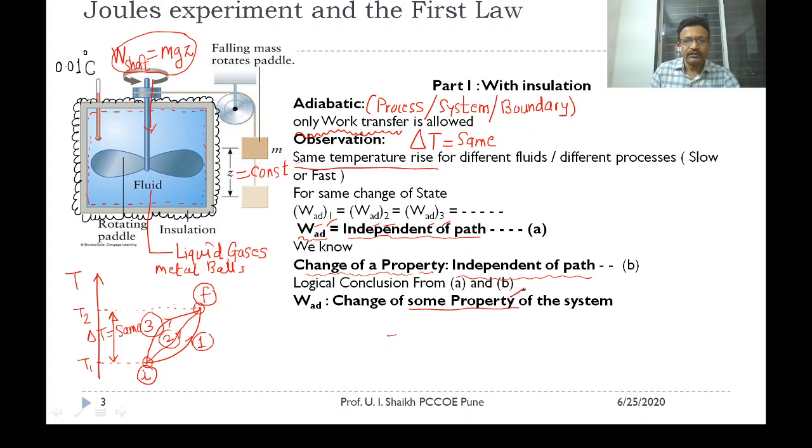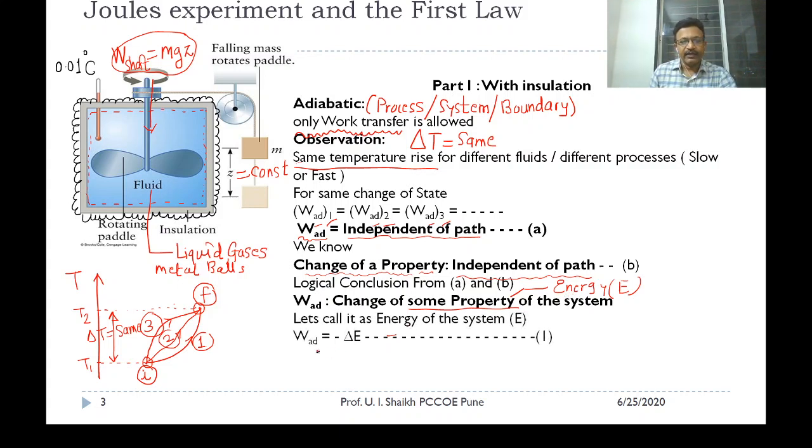So let us call this property energy and denote it by capital E. Let us write this in mathematical form as W adiabatic is equal to minus delta E, where delta means change and E stands for energy, which is a newly identified property, with the help of the first part of Joule's experiment. I have added the negative sign also to follow the sign convention.